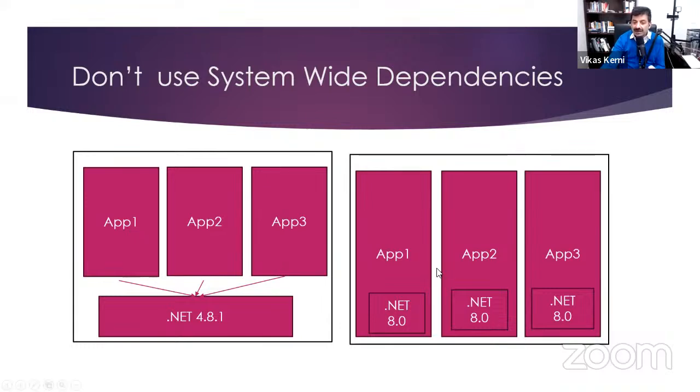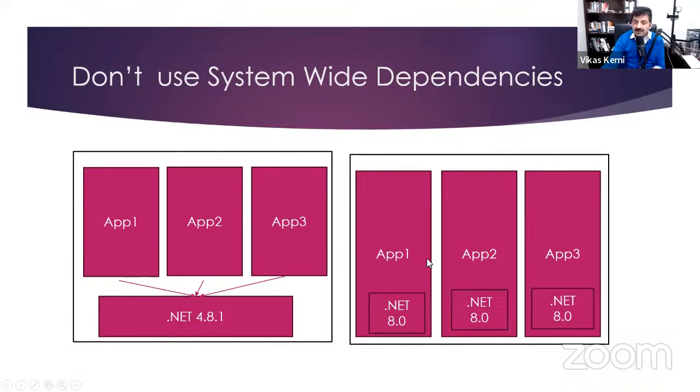In .NET Core, especially in the Docker world, you deploy the app and you deploy your dependencies. You're deploying the .NET 8.0 version within your app one. For app two, you are also deploying your .NET 8.0 version. This way each app has its own dependencies and is not relying on the server.